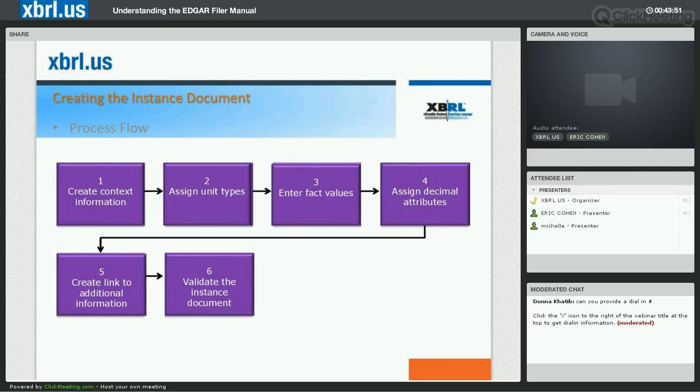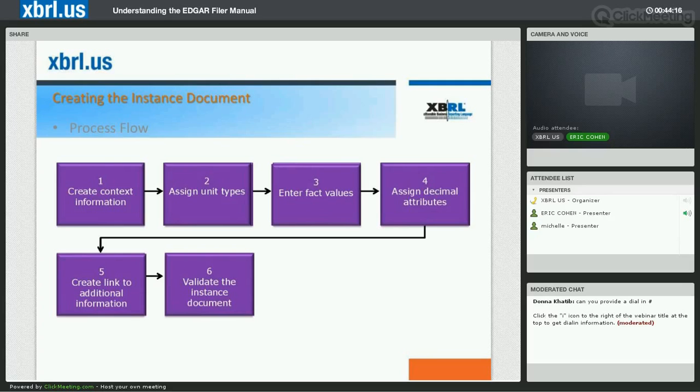In our remaining minutes here, let's talk about the instance document. We have our process flow, having done the prior steps where we can get our context ready. And again, a lot of software is going to help you with these tasks. So we get our context together. We get our units of measure. We get ready to enter our facts into the system.